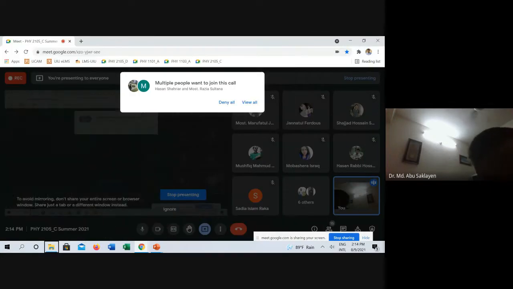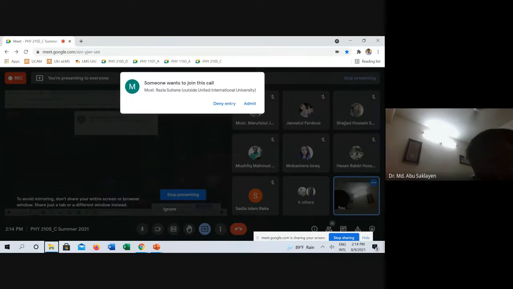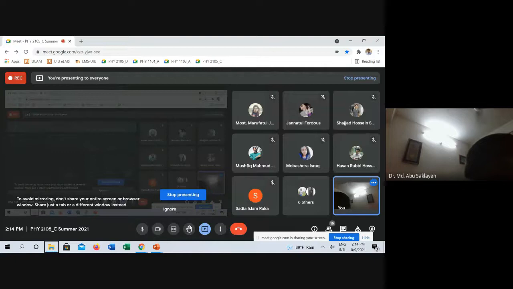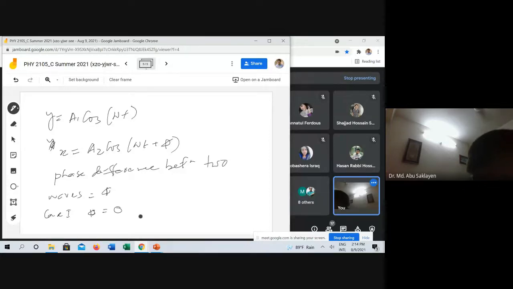So if they are in phase, suppose phi equal to 0. What does it mean? Both are in phase.